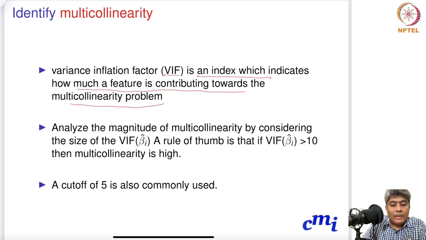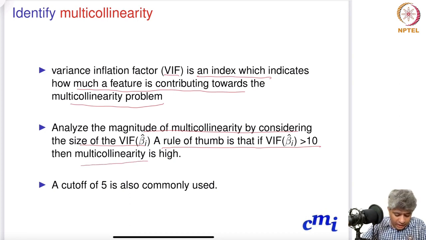Analyze the magnitude of the multicollinearity by considering the size of the variance inflation factor. A rule of thumb is that if the VIF is greater than 10, then definitely there is high multicollinearity. Cutoff 5 is also commonly used.